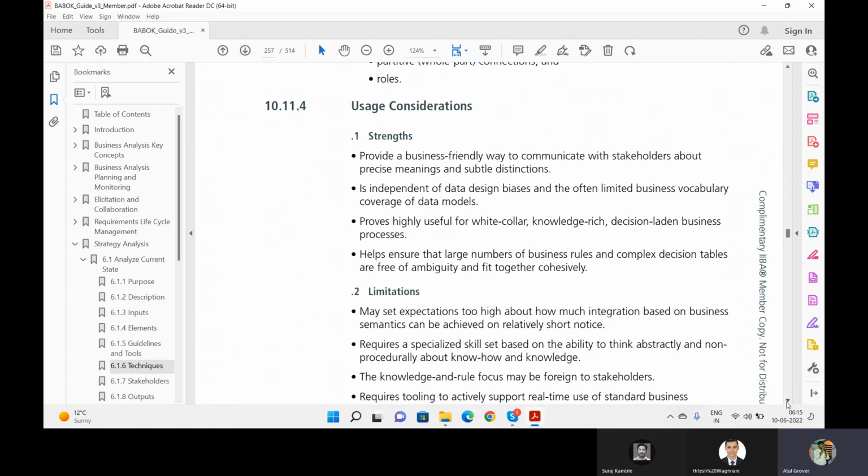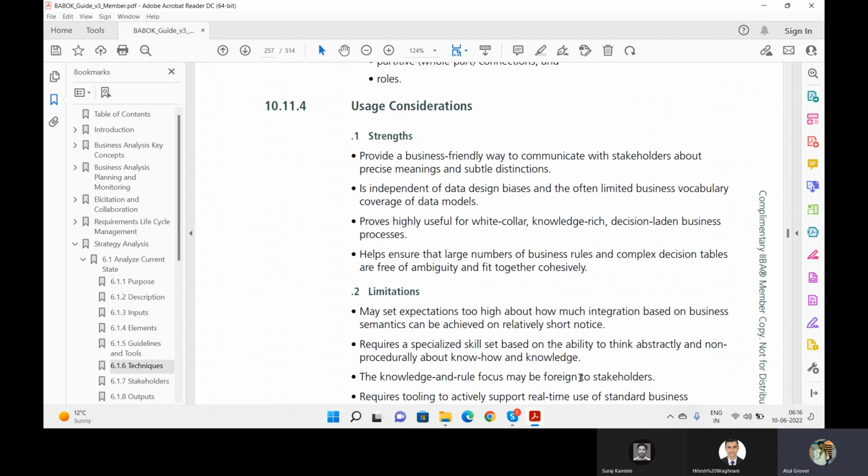Benefits: yes, स्टैंडर्ड हो जाता है, easy to write, knowledge अच्छी हो जाती है, vocabulary बढ़ जाती है. Then limitation: it may set expectations too high about how much integration based on the business semantics is achieved by these words. Knowledge and rule focus may be foreign to the stakeholders. अपने इंडिया में तो चल जाता है, हम कुछ बोलते समझ जाते हैं लोग, but maybe in foreign it's a little tough because they stick to the words only.